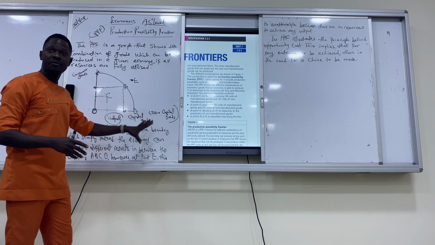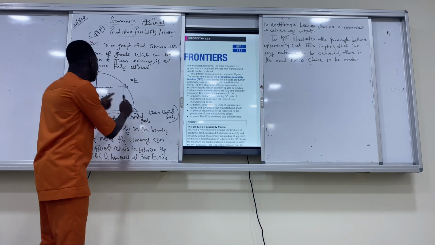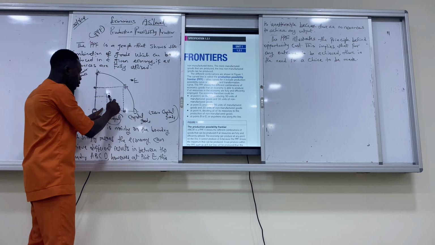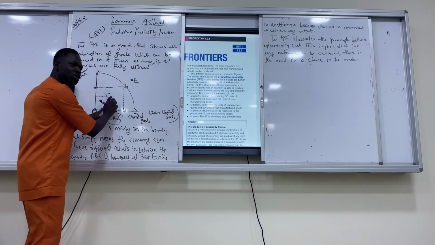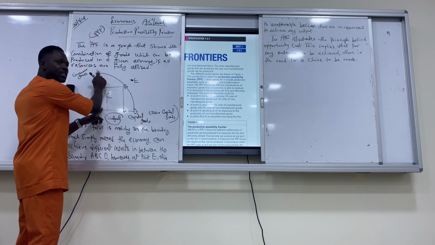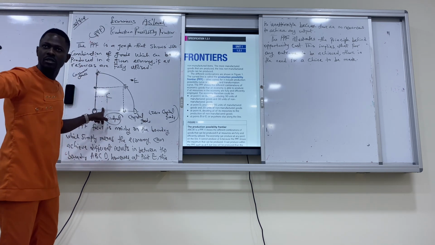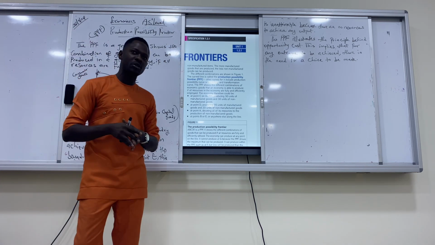So a PPF shows the combinations that can be produced if all resources are fully utilized. So point C is not what you should think of as an economy, because it means you are not using all your resources. This is attainable based on government policies. The economy is run by the government, yes or no? Yes.